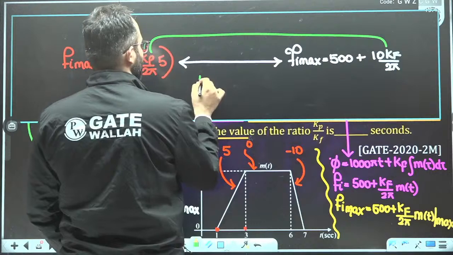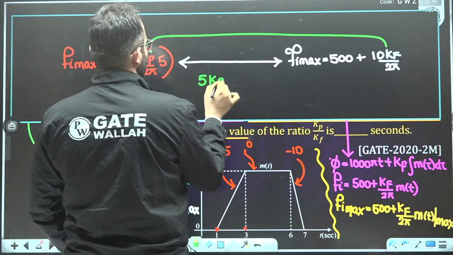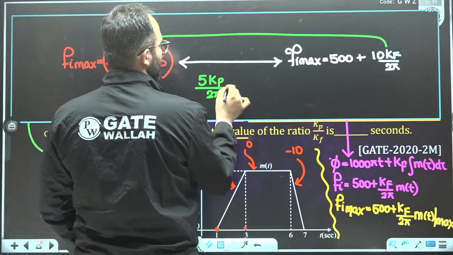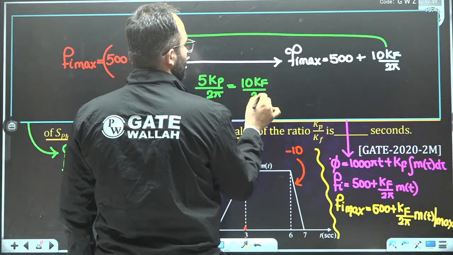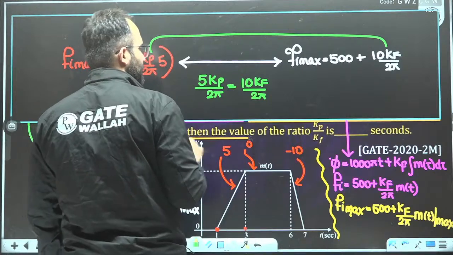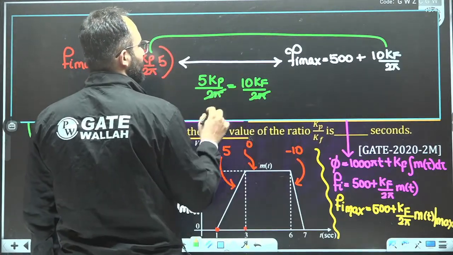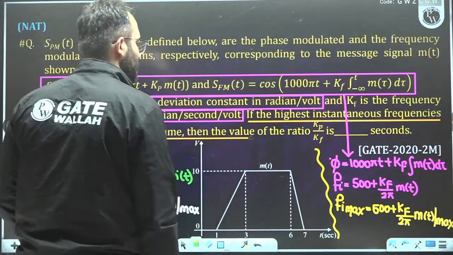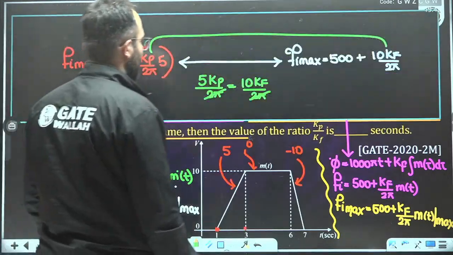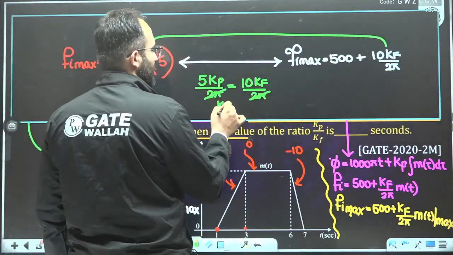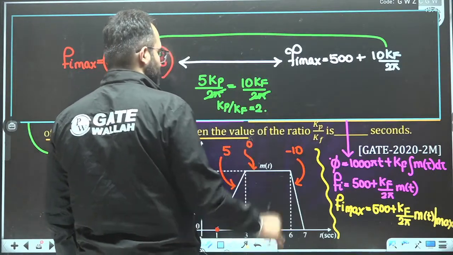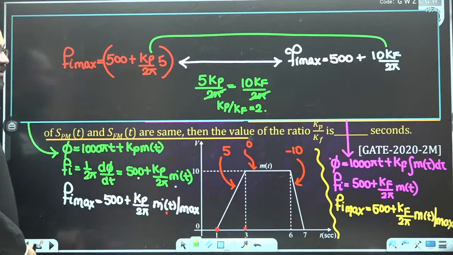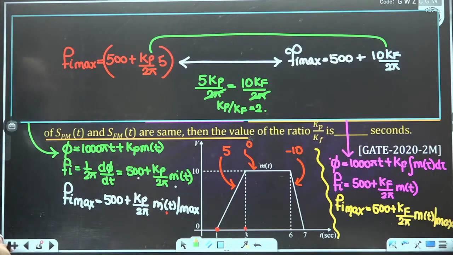So 5 Kp upon 2 pi equals 10 Kf upon 2 pi. You can simply cancel these values, and we get Kp upon Kf equals 2. Okay, I hope all of you are able to get this result.